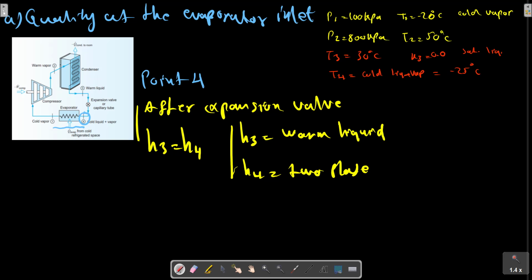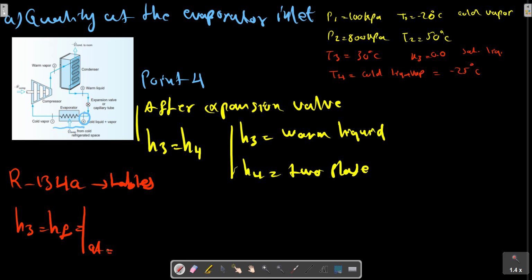For H3, from the tables, H3 equals to HF at temperature T equals to, and it is kilojoule per kilogram.